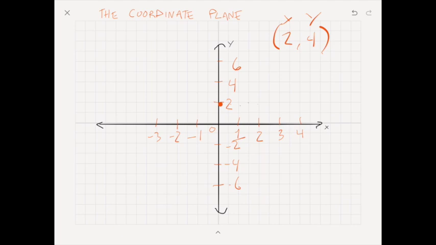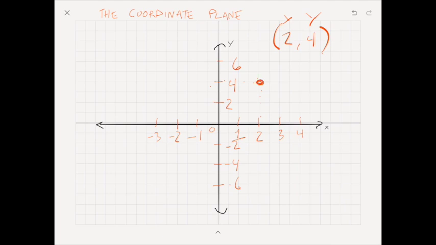And I actually messed that up already. An x value of 2 is going to be here on the x-axis, and a y value of 4 is going to be here. And we plot the point at the intersection of those two things. So (2, 4) is going to end up being right here.